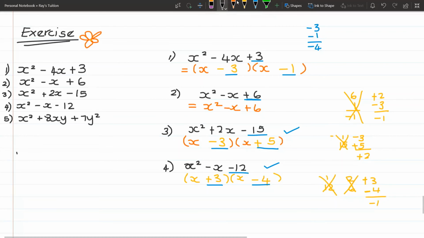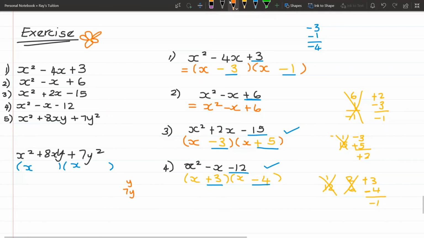We have x squared plus 8xy plus 7y squared. So again, we're going to start with two brackets and we're going to put an x in each one. Now in this case, we're looking for the factors of 7y squared. So the factors of 7y squared, it's y times 7y.